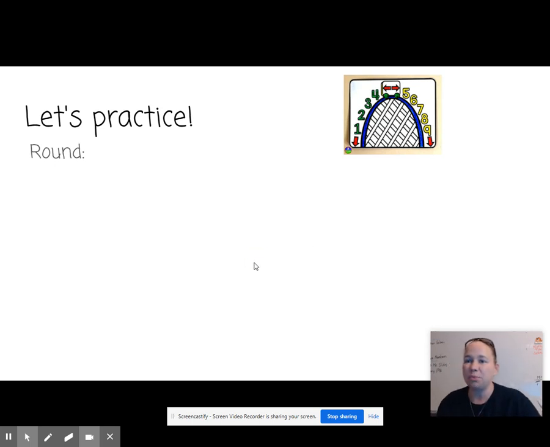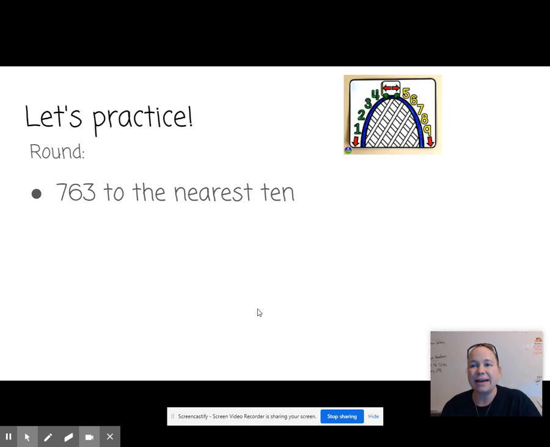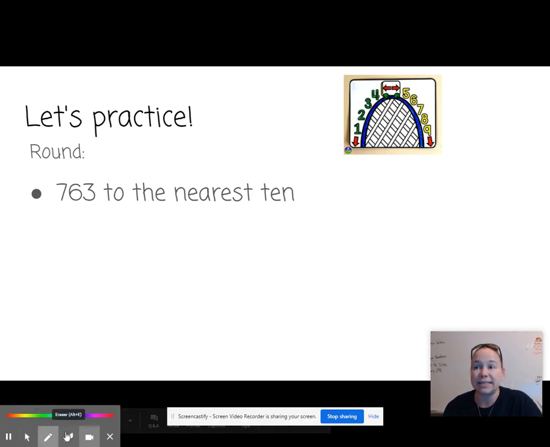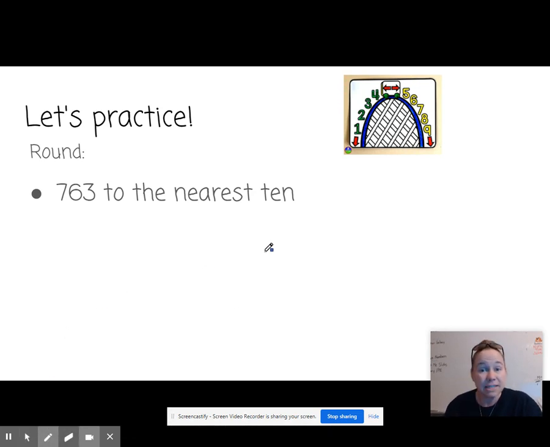Okay, so let's practice. Rounding 763 to the nearest 10. And this is probably what you learned in 2nd or 3rd grade. I underline the digit in the tens place. Ones, tens. And then I'm going to look to the right. Is 3 a big number? These are my big numbers. Or is it a little number?